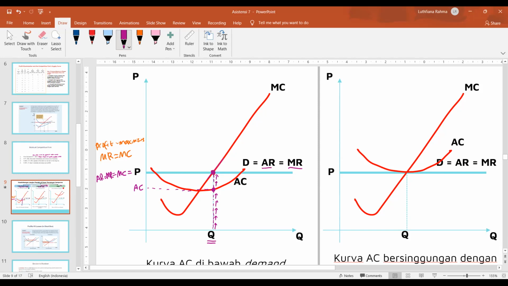Always remember about the marginal revenue curve. Do you remember the chapter on cost, revenue and also profit? We have already studied that.